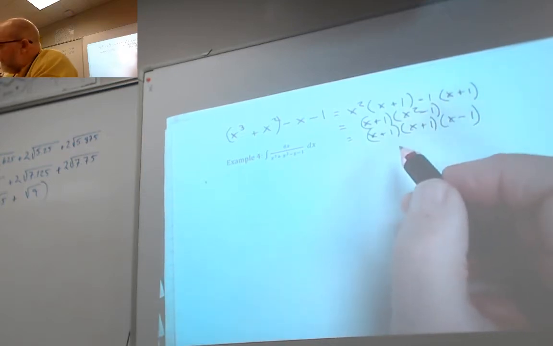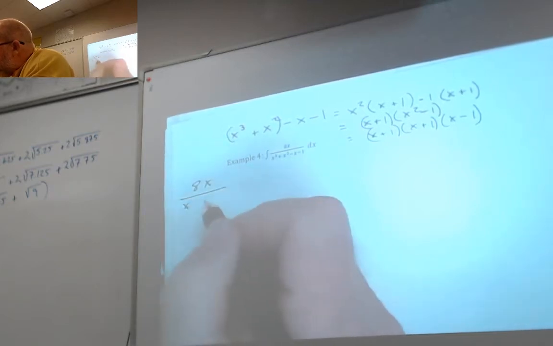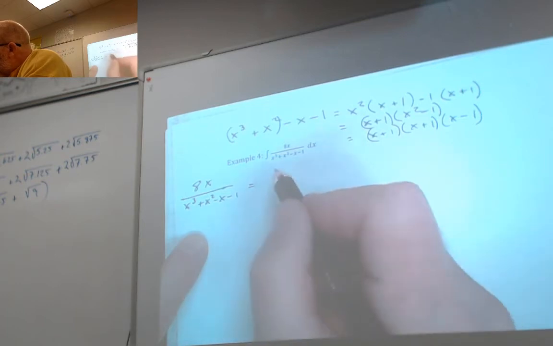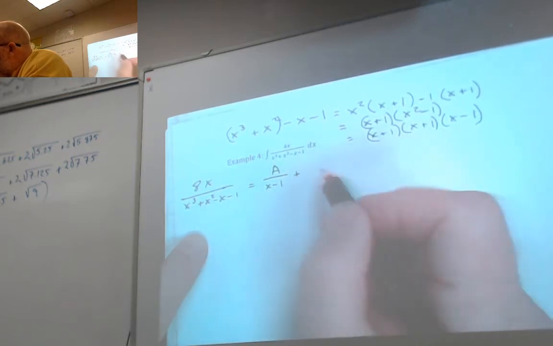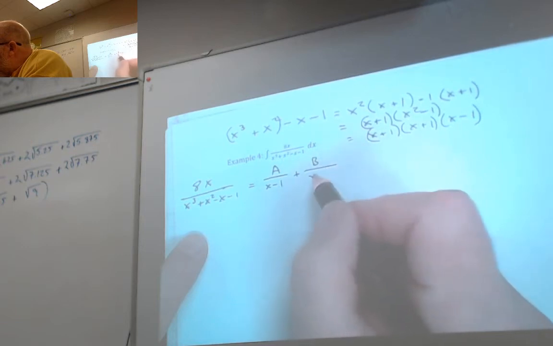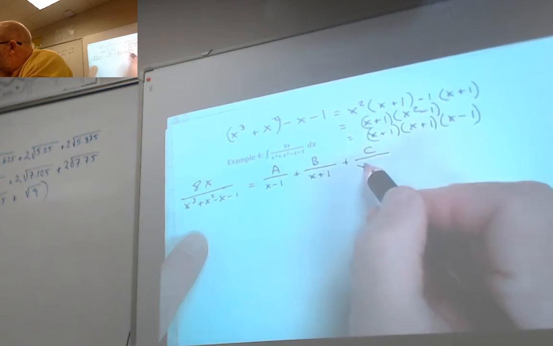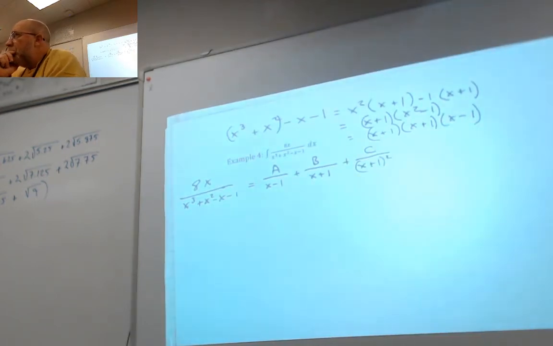So this 8x over this is equal to a over x minus 1 plus b over x plus 1 plus c over x plus 1 squared. And I want to make sure everybody understands why there's 3 of them.